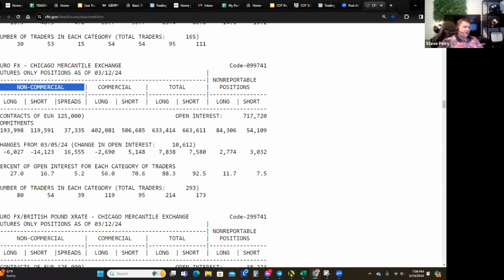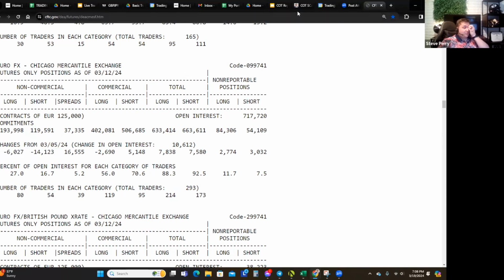So when you look at the scanner, most of the data is driven from what these guys are doing. And we look at a couple of things. We look at what's the overall position they have on the euro, what's the overall short position they have, what's the change in positions from last week, which is this information down here. That's always pretty nice to look at.